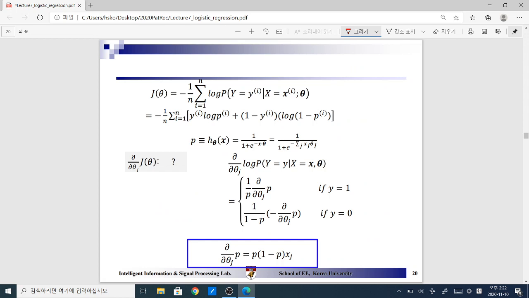Okay, so going back to the error function, where the error function, once again, is the sum over all the samples, and inside of the bracket is the term for the positive label and the term for the negative label, where p is essentially a hypothesis function given by this sigmoidal function.